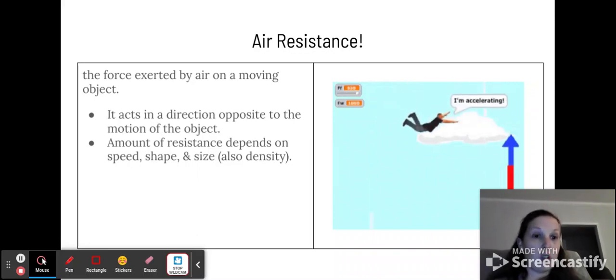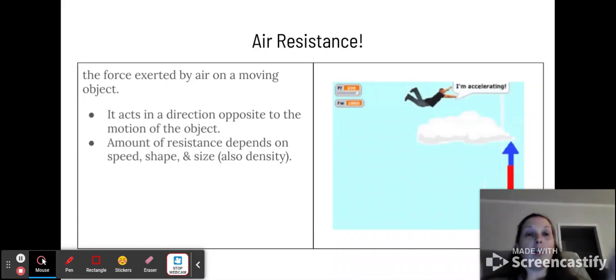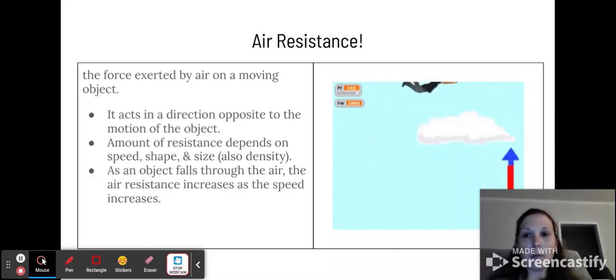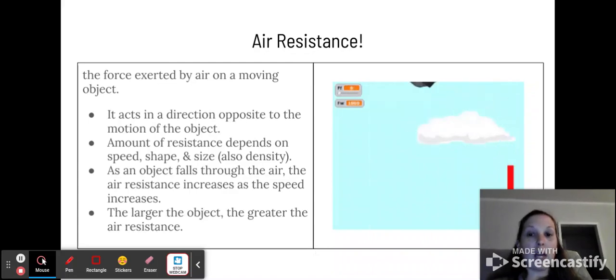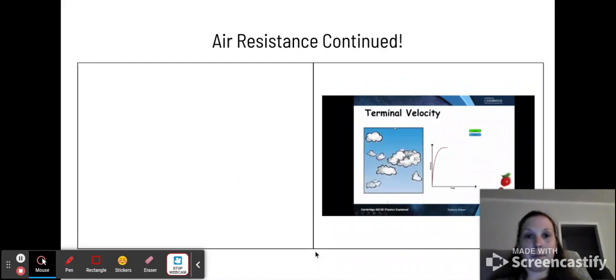Like a parachute, they're not tiny, so air can be caught under them and help slow things down due to air resistance. As an object falls through the air, resistance will increase as the speed increases. And the larger the object, the greater the air resistance on it will be.